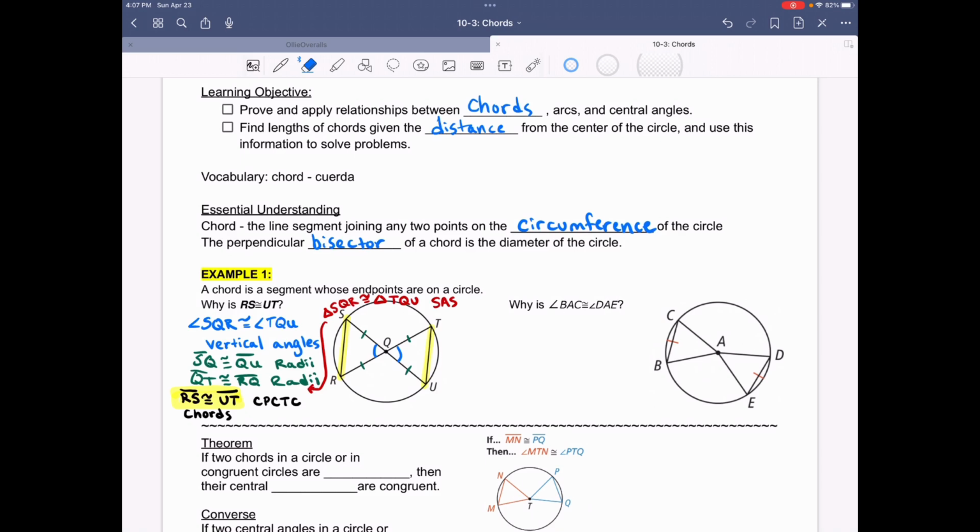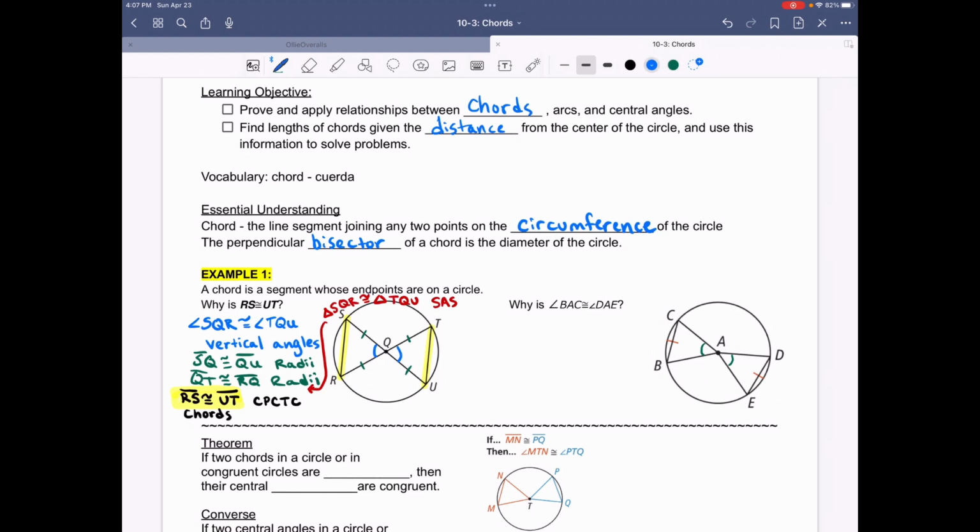They're slightly off. So how will we prove this? We have triangles. We want to prove that these are congruent. I think we're going to prove it by what we just used.